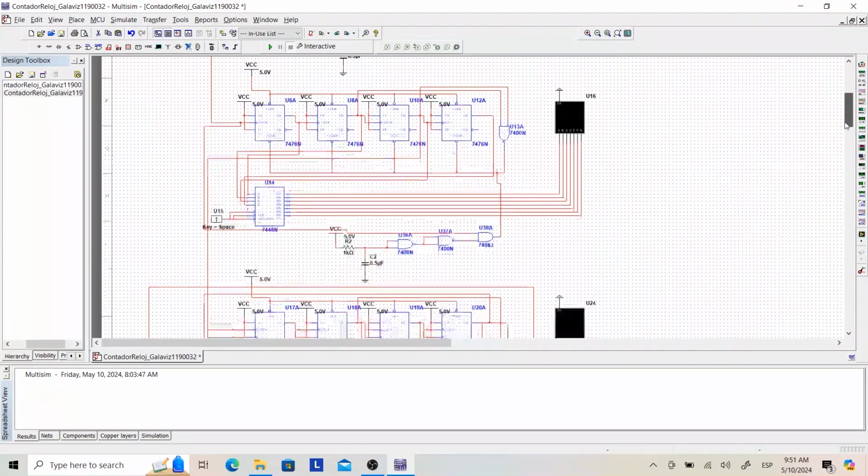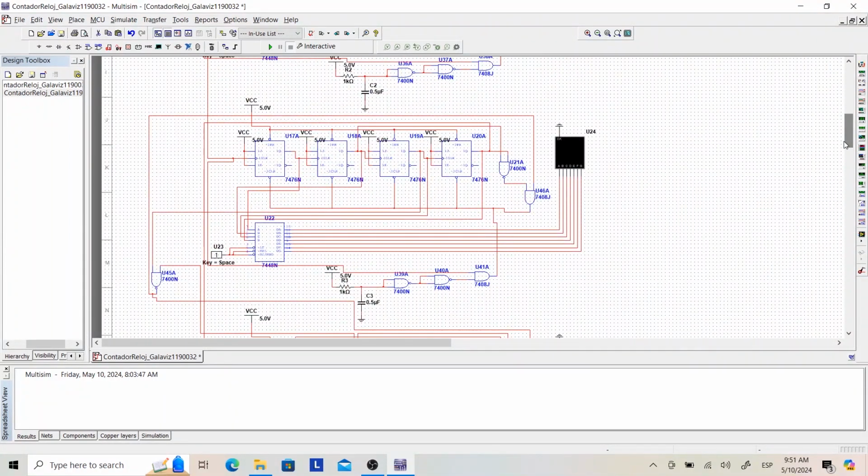Now for the third counter, just focusing on the mod 10 that needs to be done, because this digit needs to go from 0 to 9. It's the same as the first one.